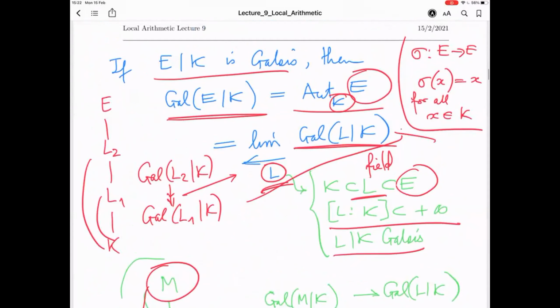Now all these groups are finite groups because L over K is a finite extension.